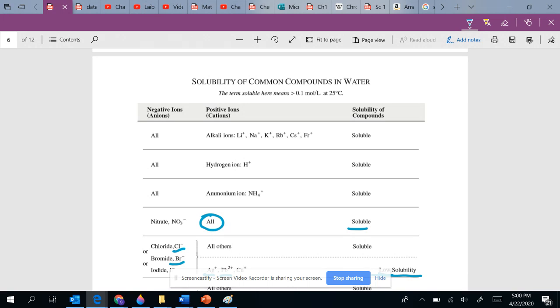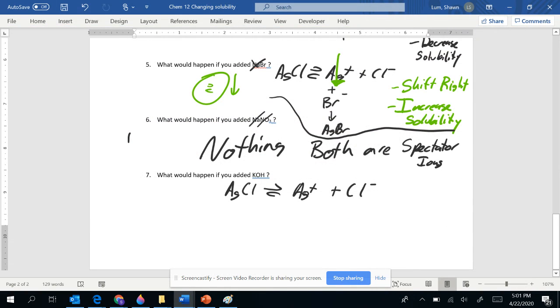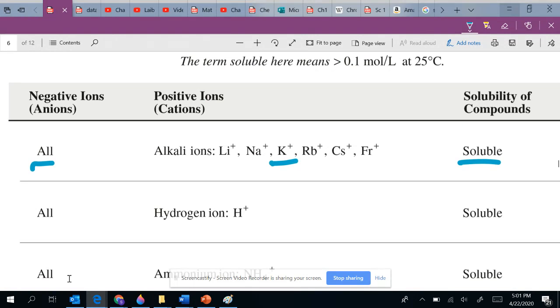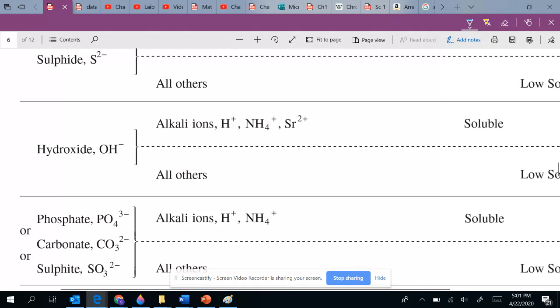First let's look at K. Here we found K right here, plus anything. So we know that K is a spectator. Let's just cross that off our list. K is a spectator, so nothing. Let's go back here. Look up OH now. So I go down and I find OH right here.